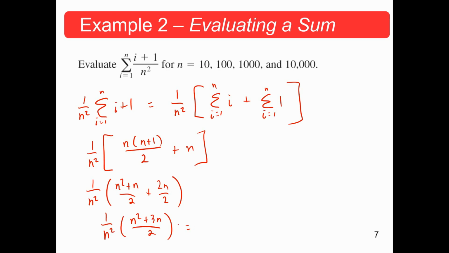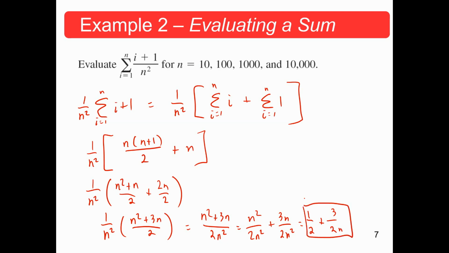If I multiply this out, n squared plus 3n over 2n squared, which I can separate as n squared over 2n squared plus 3n over 2n squared, and I get 1/2 plus 3 over 2n.